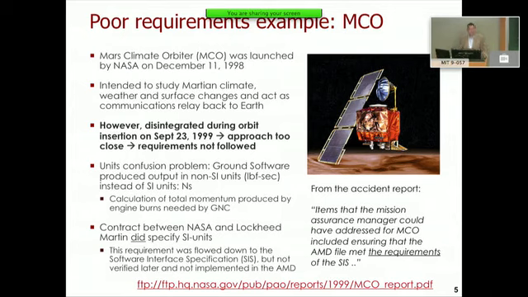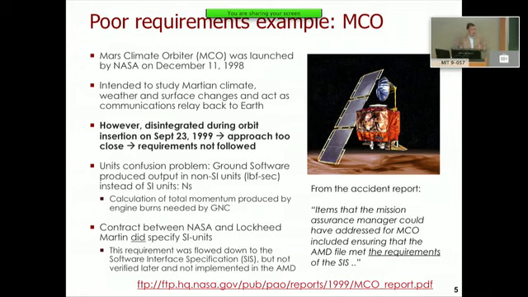So MCO was a very well-known mission failure that happened just about 20, not quite 20 years ago. Mars Climate Orbiter was launched in December 1998, and it had multiple functions: study the Martian climate, weather, and surface changes, and act as a relay satellite for the Mars Polar Lander, which came after it.